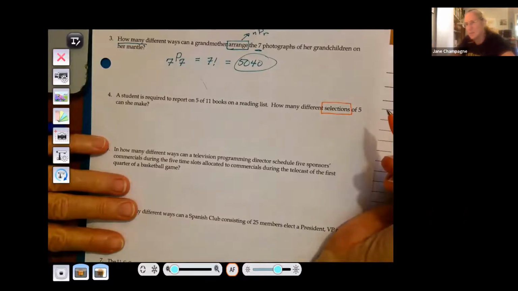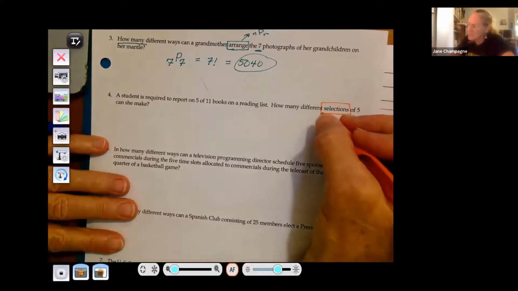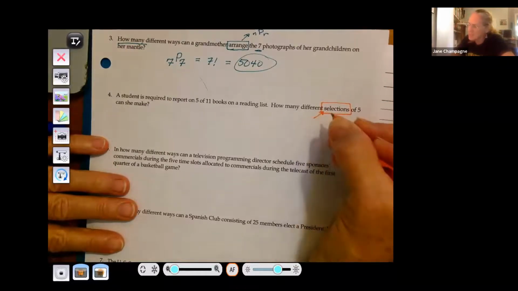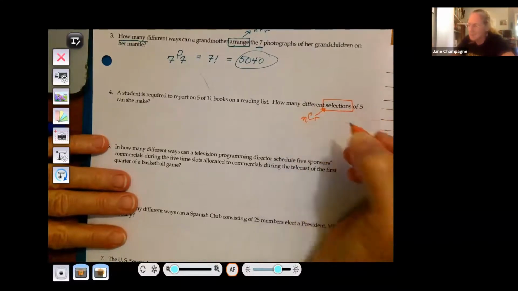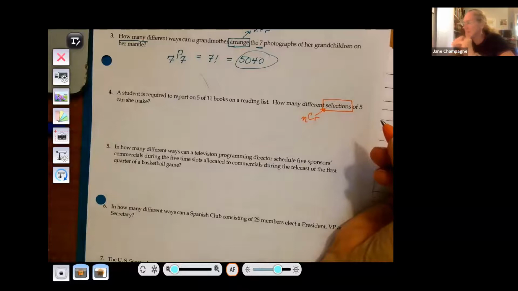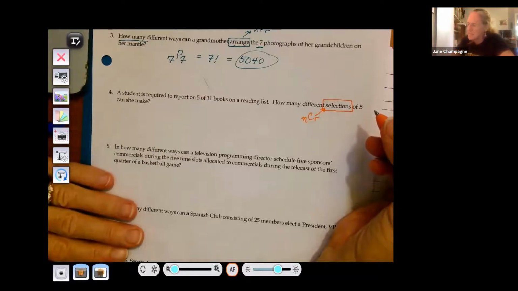That's just choosing, right? That's not putting into position. So selections is typically going to be a keyword for nCr. Unless they then say that they're being put into some position. If they're just selected and that's all, that's nCr.